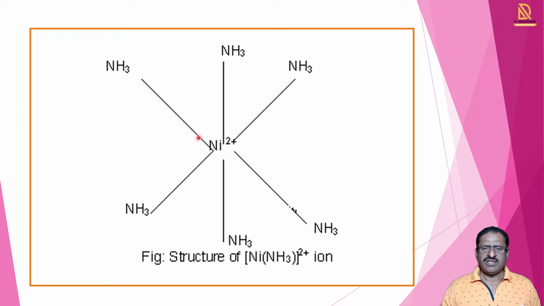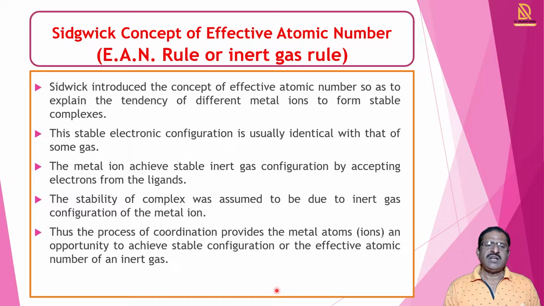Here nickel is at the center and 6 NH3 are attached at the 6 corners of an octahedron. When these are attached, the ligands donate their electrons to the metal, and from that he explained his theory, the Sidgwick concept of effective atomic number.